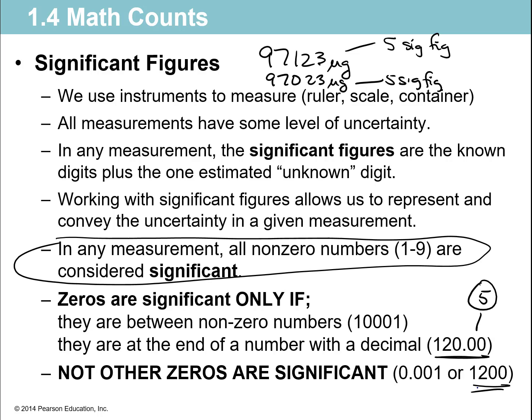So that 0.001, because I could take that number and turn it into scientific notation, and that would be 1 times 10 to the minus 3. So I would drop those zeros off in front. So it's really just showing you the size of the number. So that one only has one significant figure? This one only has 1. That one has 1, this one has 2.